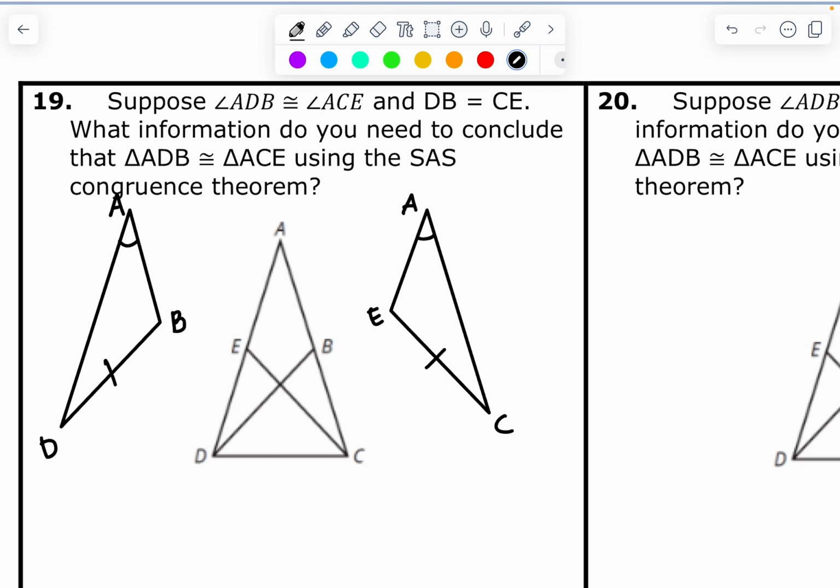So honestly, this side is congruent to this side, so we would need to know that these two angles are congruent, and we would also need to know that these two sides are congruent. That would prove side, angle, side. So that's one way we could do it.